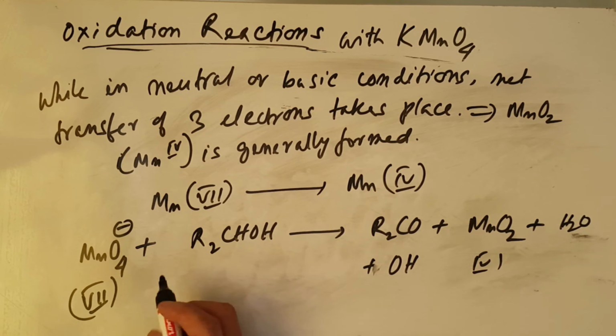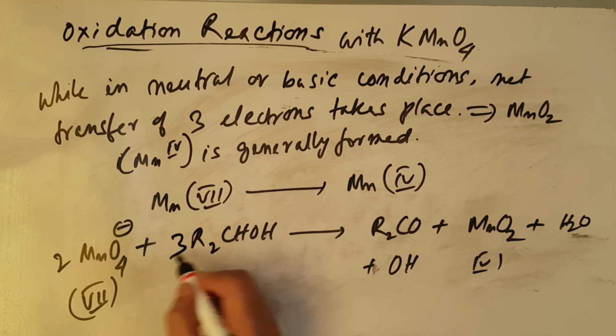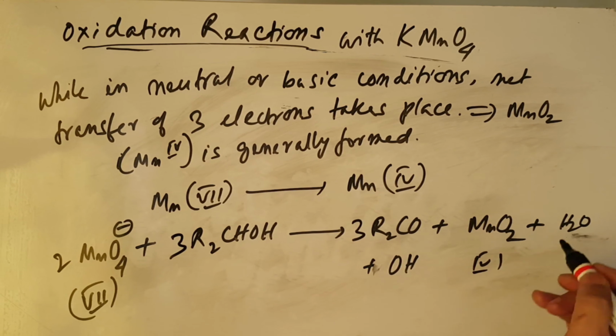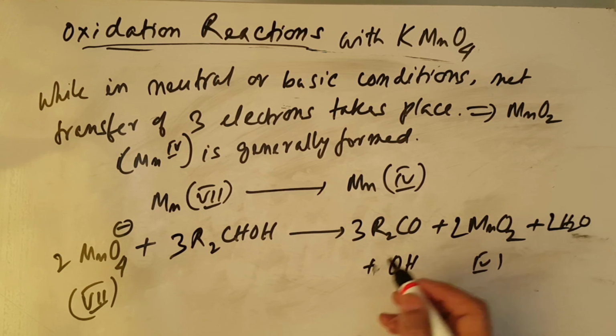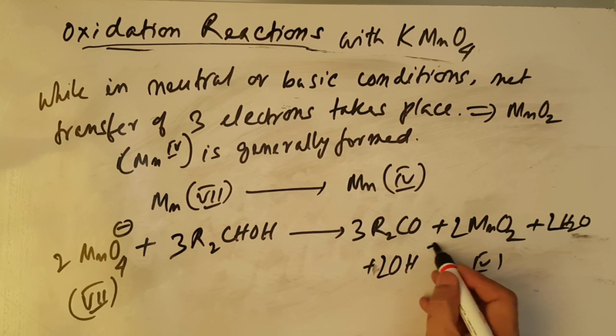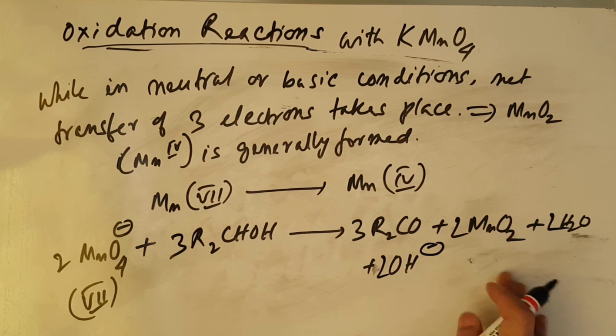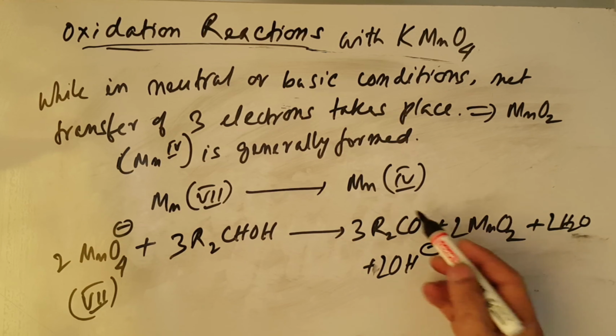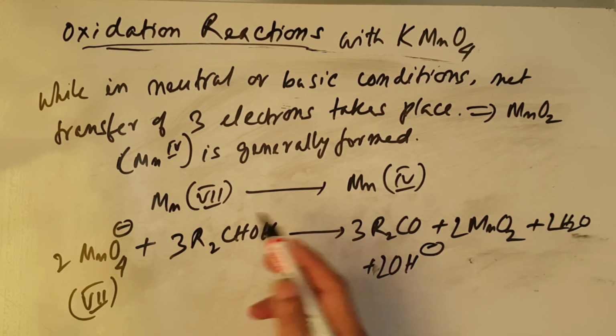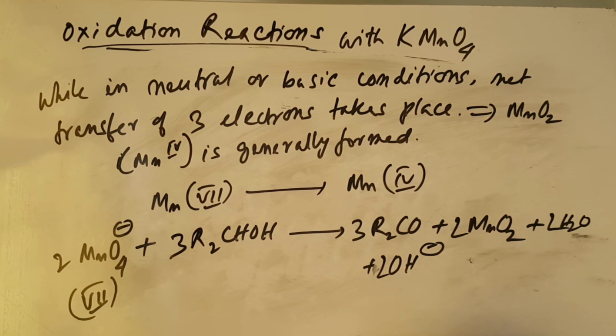We can balance this also like this: 3 electrons are transferred, so 2 MnO2, manganese dioxide, 2 H2O, and 2 OH. Okay. So manganese 7 is reduced to manganese 4 like this, with a 3 electron transfer, in neutral or basic conditions.